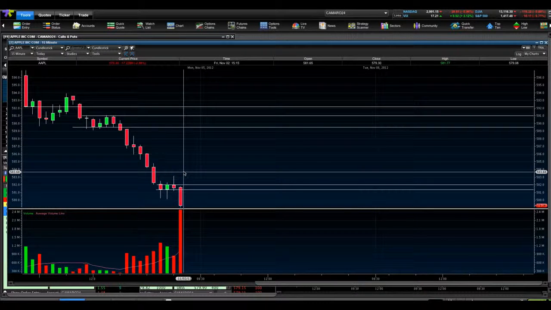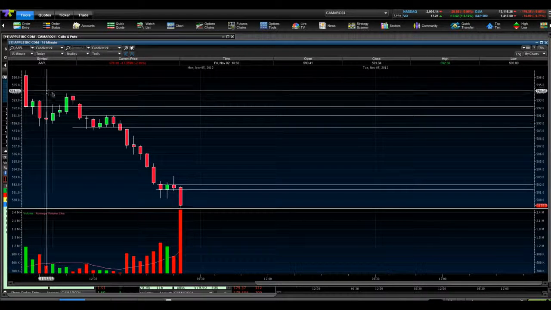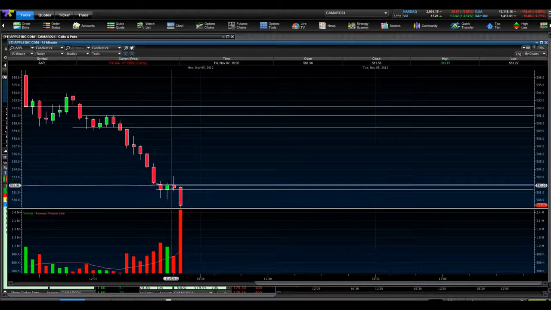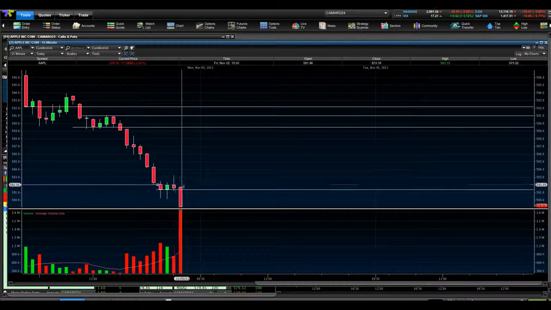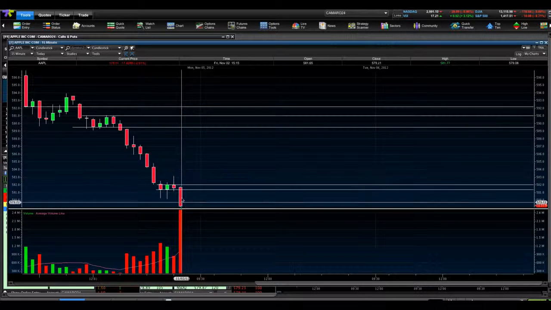And I'm teaching you all this stuff because I'm trying to show you what the odds are. After a big down movement, the odds of it bouncing versus going lower are far greater, okay? I know that Apple right now looks like it's putting in the highest volume of the day, and it's trading at 579.